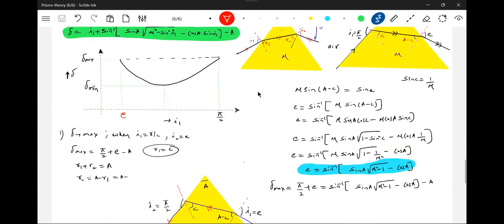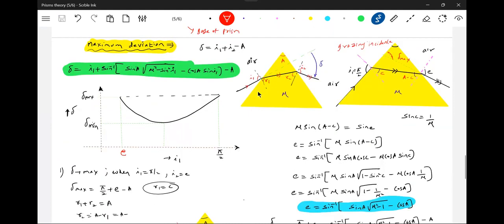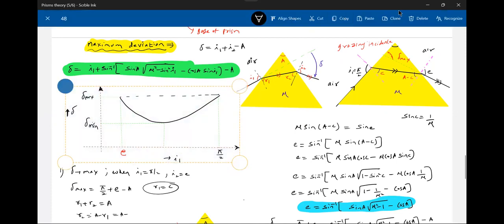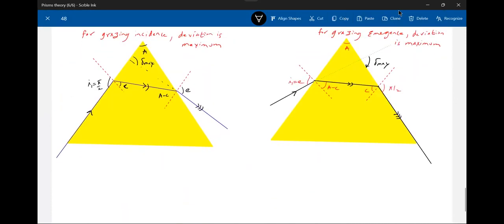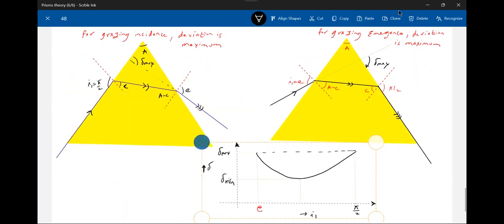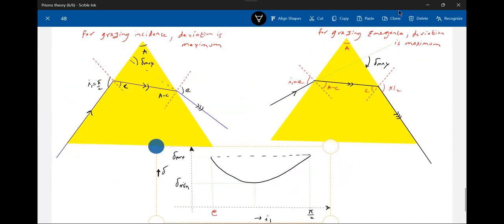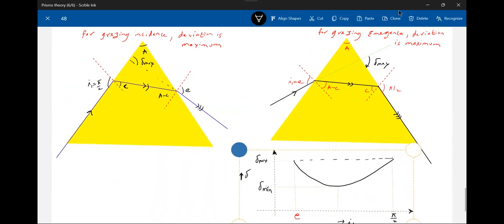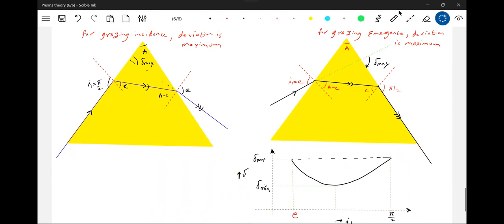So that particular graph was here. I'll bring that graph also for you. And how much value of that, we also know it. This is the E. Okay, and the curve is not symmetrical.